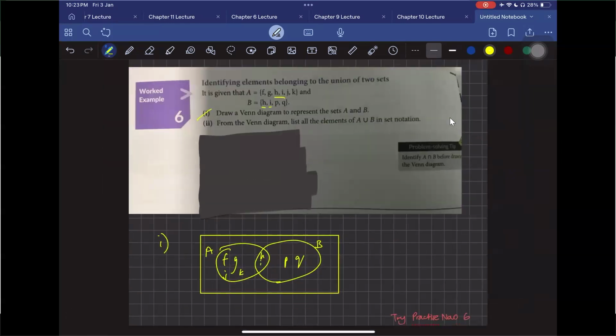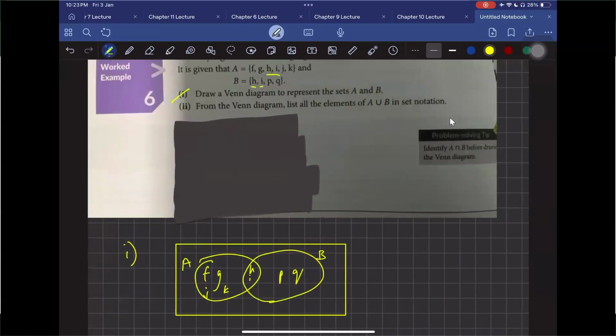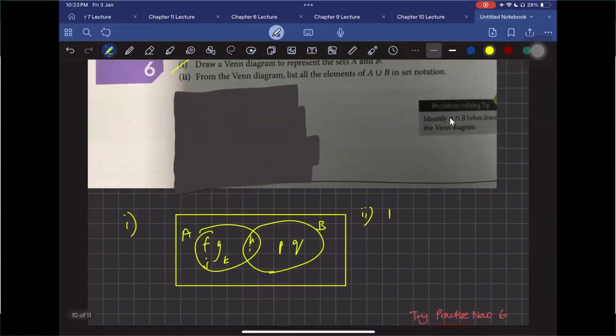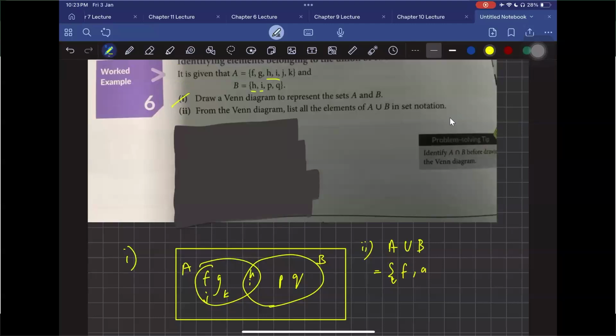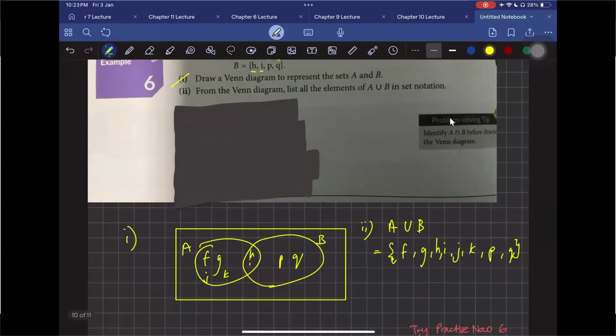Then from the Venn diagram, list all the elements of A union B in set notation. It's all the elements within A and B, so just write down all the elements: F, G, H, I, J, K, P, Q. Note that it doesn't have to be in any order because a set doesn't have an order.